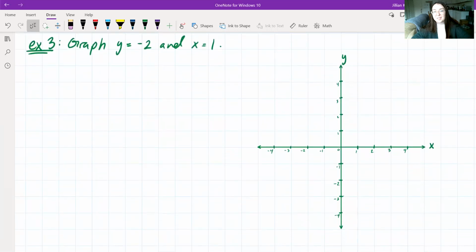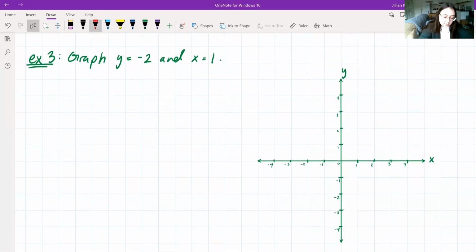So let's go ahead and graph some. So we want to graph y is equal to -2 and x is equal to 1. So let's go ahead and we're going to say that y equals -2 is equation 1 and x equals 1 is going to be equation 2.